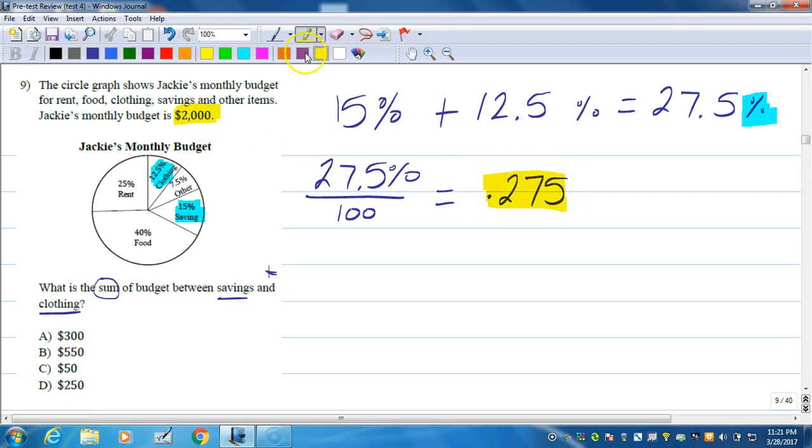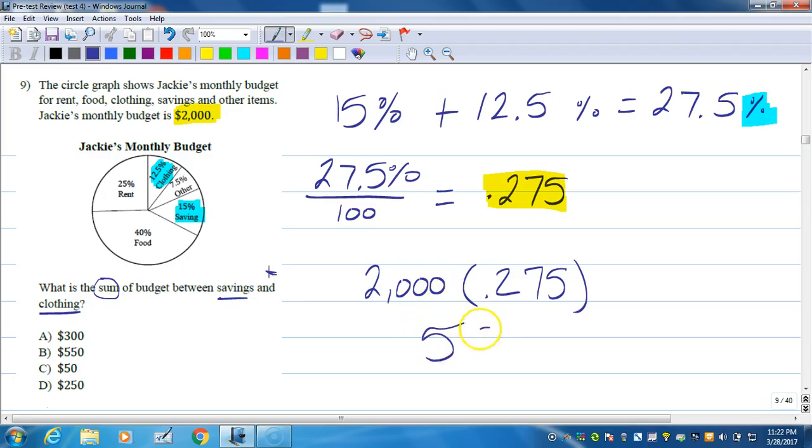You multiply them: 2,000 times 0.275. You're figuring out 27.5% of 2,000 because that's how much her budget is. So multiply 2,000 times 0.275 and you're going to get $550.